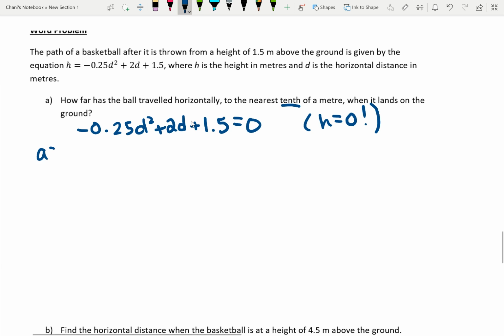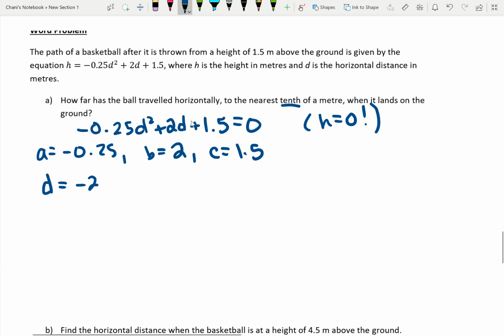So now my a value is negative 0.25, my b value is 2, and my c value is 1.5. So I simply put that into the equation. Notice it's normally x equals, but in this case we are using d since that is the letter used for the independent variable.